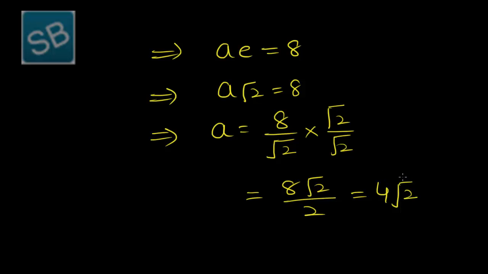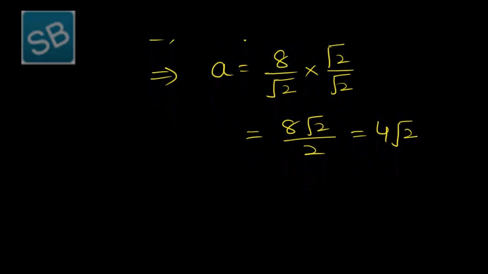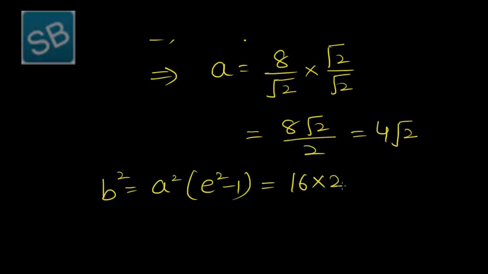a is 4 under root 2, and we have to find b, and as we know that b square is equal to a square into e square minus 1. That gives a square means 4 square is 16, under root 2 square means 2, and e square is under root 2 square is 2, minus 1, that is 32 into 1 is equal to 32.